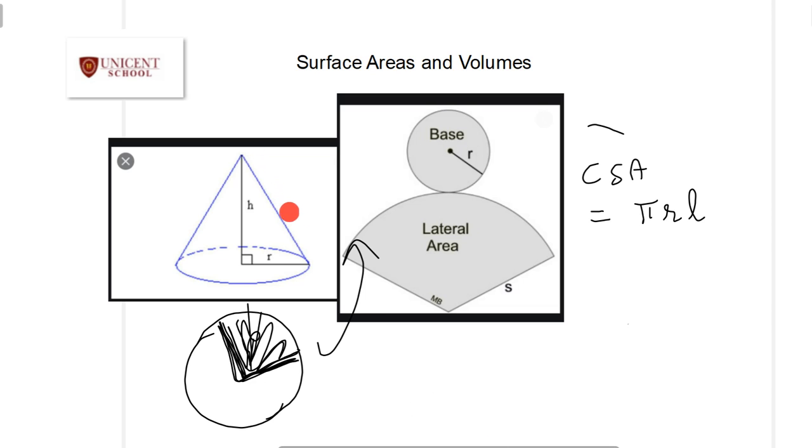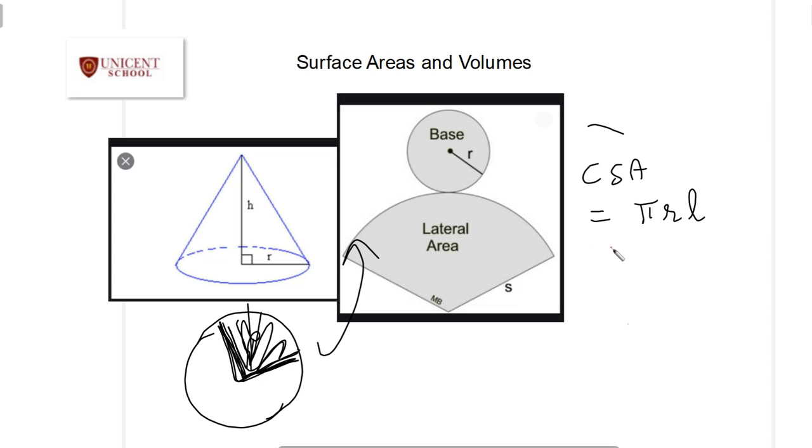This is called the slant length, and this is the radius we have. So if I want to paint only the lateral surface area, then I have to multiply pi r L.